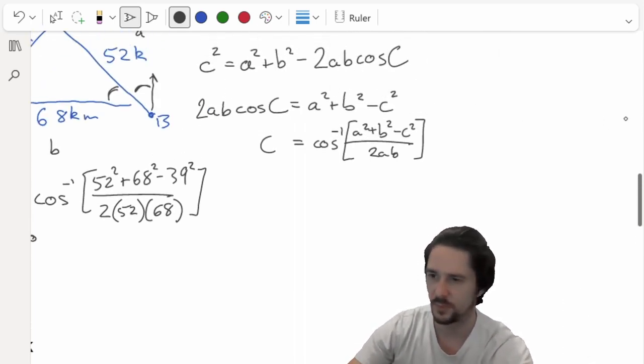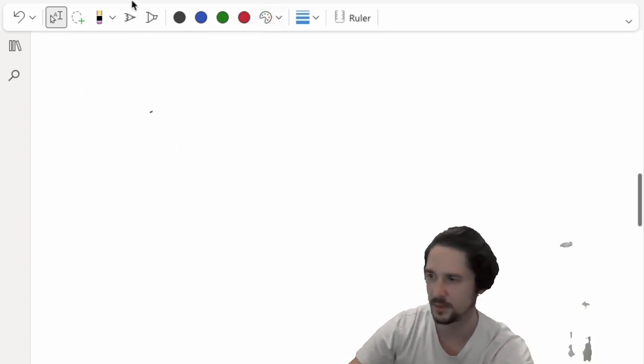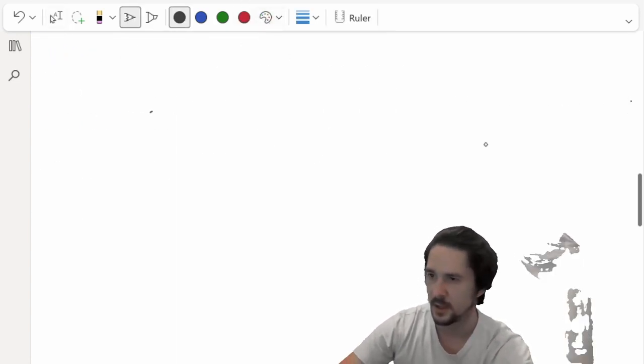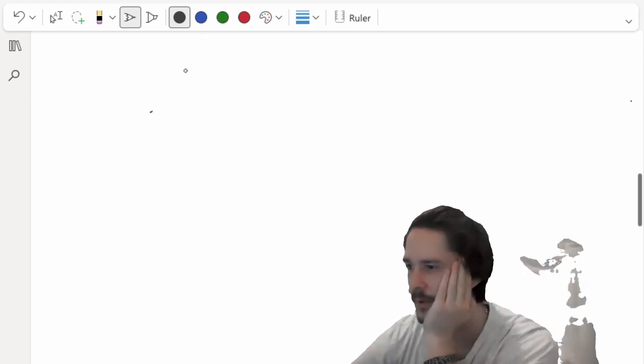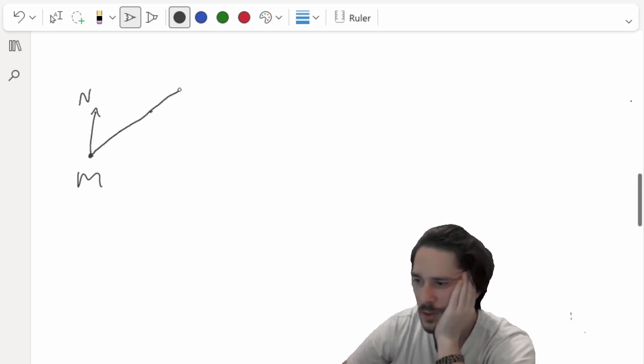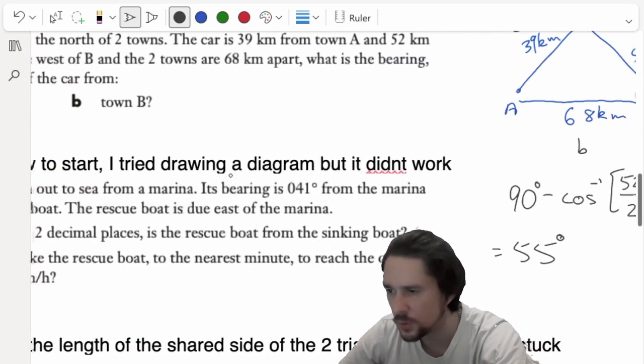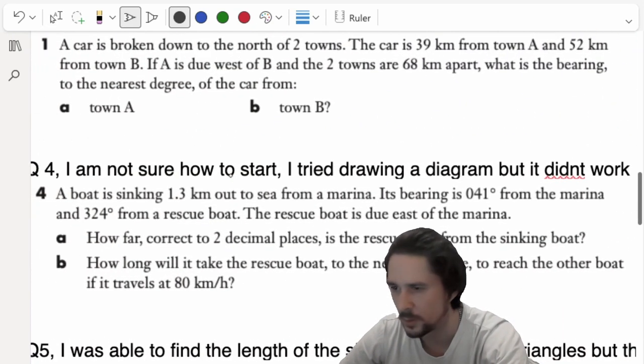I'm gonna have to move sort of further to the side, otherwise I'm gonna take up space I'll need for the next questions. Okay, so let me see if I can remember these details. Here's our marina. Then so if that's north, at 41 degrees, here's our boat. And then we have a rescue boat.